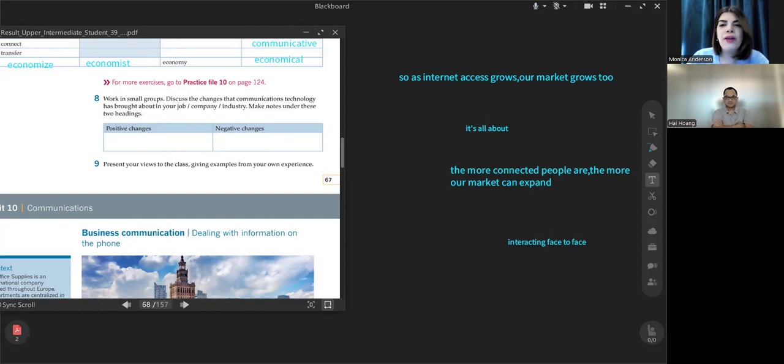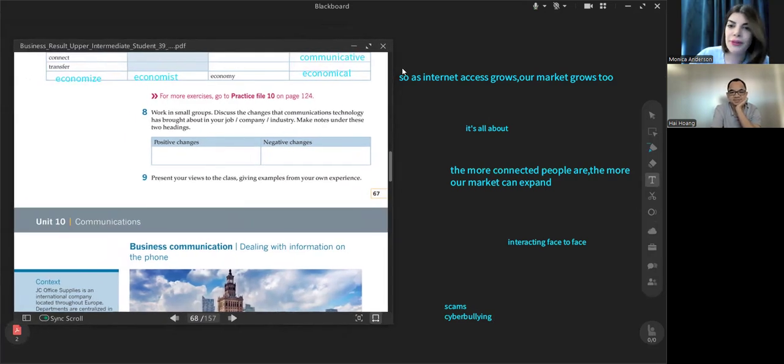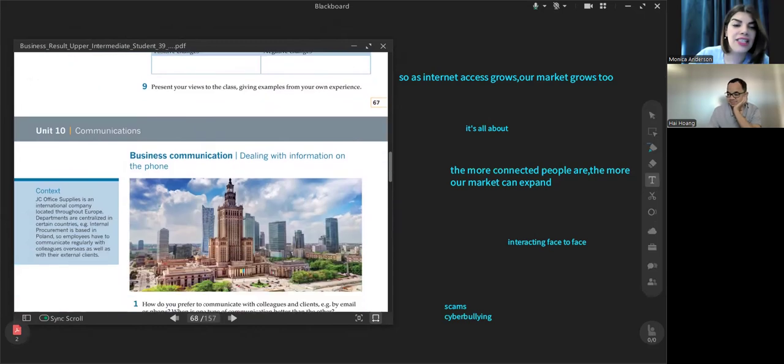And about the threats, people online can face certain threats, as you say, sometimes even becoming victims of things like scams or cyberbullying, as I just mentioned. So we have scams, we have cyberbullying. They can even become victims of things like scams or cyberbullying. Yes, definitely agree with you. So we have some negative sides.